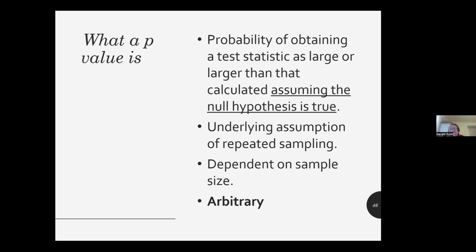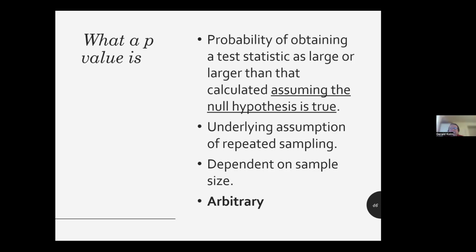As we talked about before, the p-value is the probability of obtaining a test statistic, whether that's a t, a chi-square, or a normal distribution z statistic, as large or even larger than that which is calculated, assuming that the null hypothesis is true.